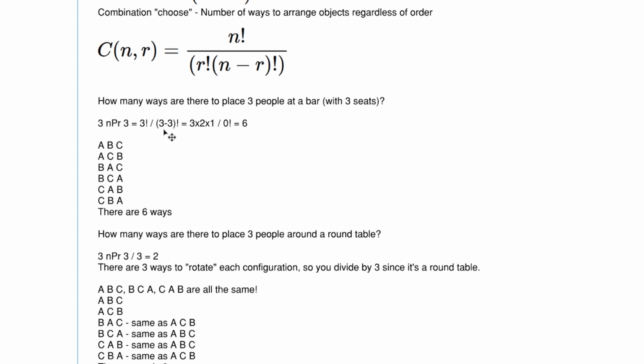And when you put this into the formula, you get 3 factorial divided by 3 minus 3 factorial, which is 0. Remember what I said? 0 factorial is important. You get 3 times 2 times 1, which is 6, divided by 0 factorial, which is 1. You have 6. When you write out all the different permutations of placing 3 people at a bar, you see that there are 6 ways to do this.